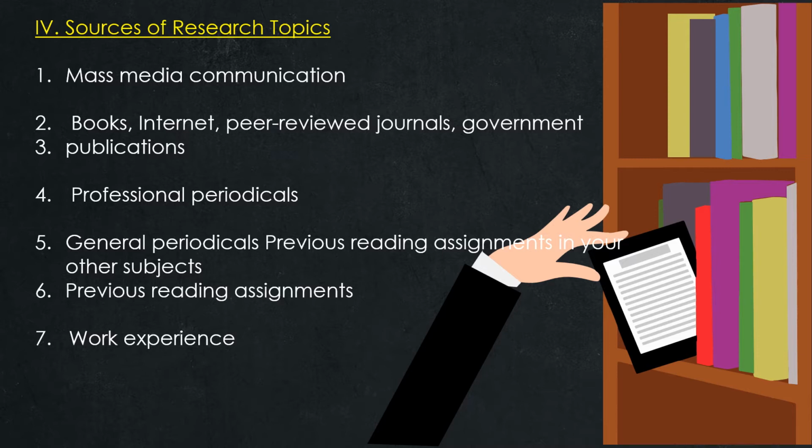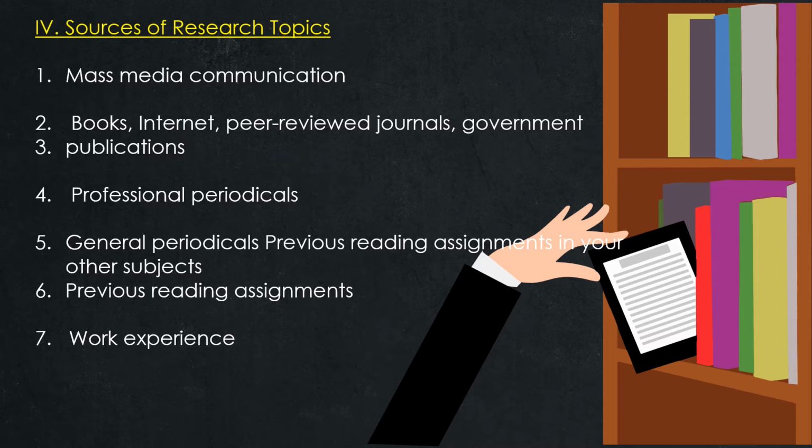Sources of research topic. Again, as I mentioned earlier, number one, mass media communication like press, newspapers, ads, TV, radio, films, and others. Number two, books, internet, peer-reviewed journals, and government publications. Number three, professional periodicals like College English Language Teaching Forum, English Forum, The Economist, Academia, Business Circle, Law Review, Computing Sciences, and so on.